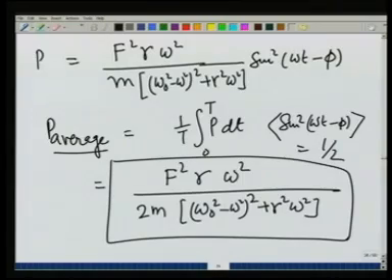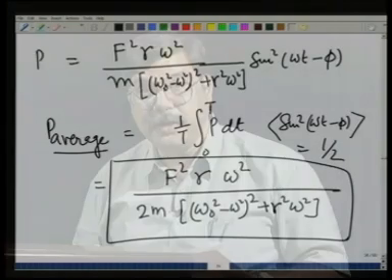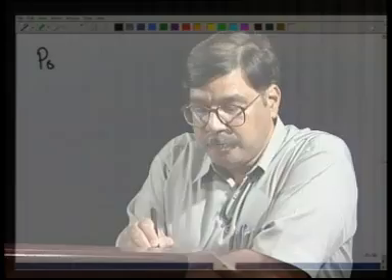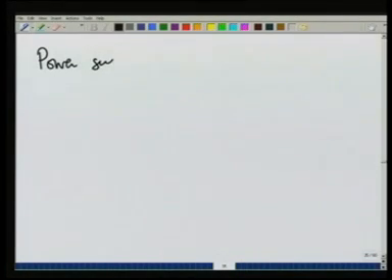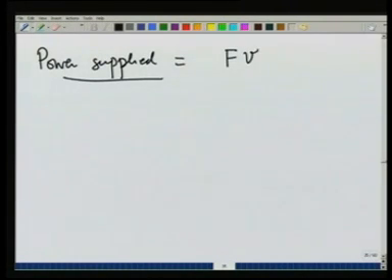Is it equal to the power supplied? It should be. Let us calculate that. Power supplied is going to be equal to the force applied times the velocity. The force is f cosine of omega t. Remember, force is changing with time, so let me write this f(t).